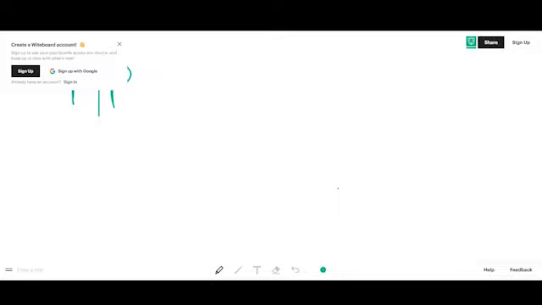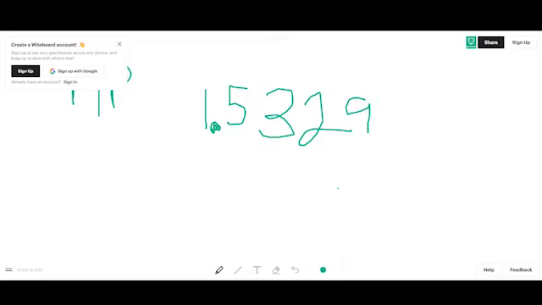Okay, so let's assume we have 1.5329. Remember, this fifth number, you can ignore it. It's called a point or a pipette. This fifth position is called a point or a pipette. Let's assume this is the current price.